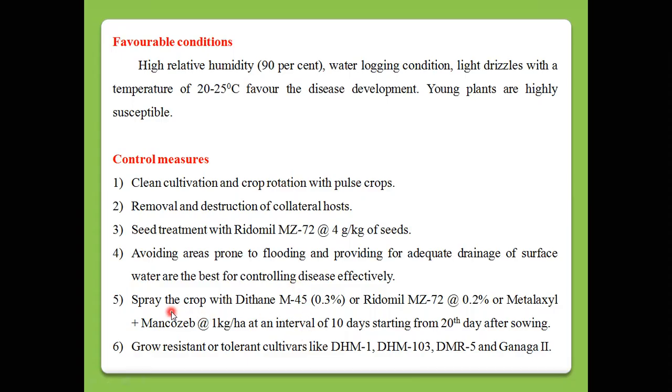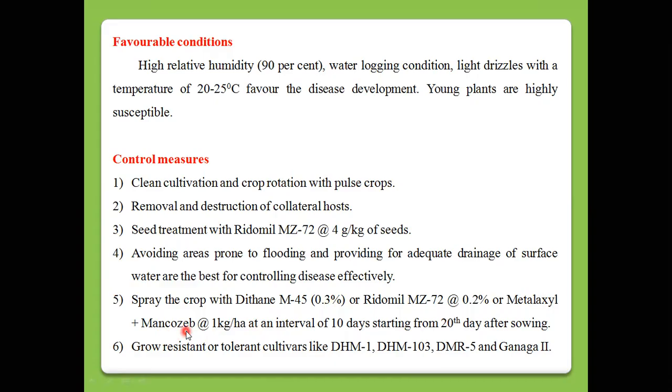Then spray the crop with Dithane M-45 at the rate of 0.3%, or Ridomil at the rate of 0.2%, or metalaxyl in combination with mancozeb, that is metalaxyl plus mancozeb.